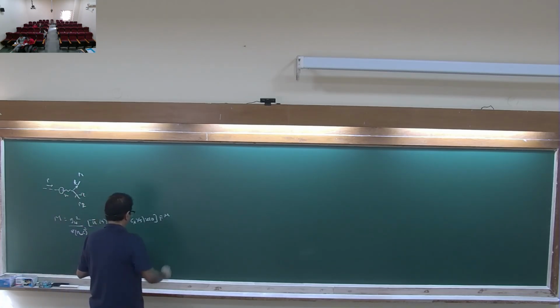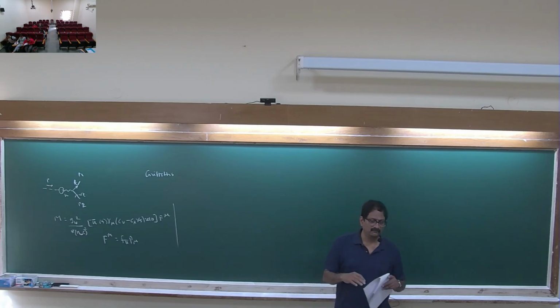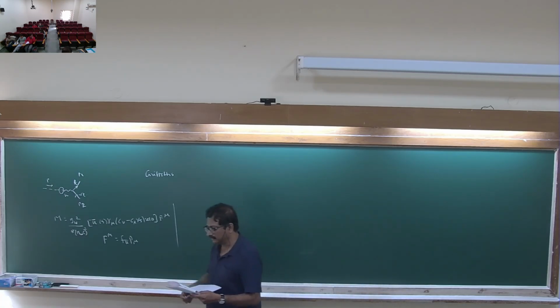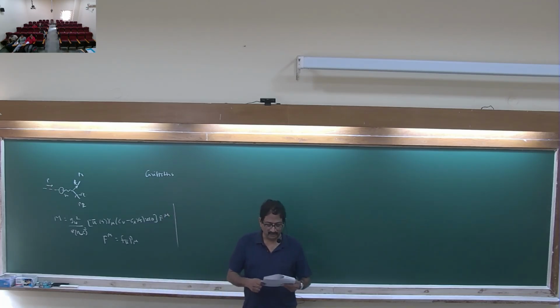If you do the full calculation, which is given in Griffiths, and I urge you to do this, do all the kinematics, do the phase space. Here is a case where you don't have to do any phase space integral because it's a two body decay, so energy momentum conservation just fixes the phase space for you. And the two body kinematics we have done earlier.